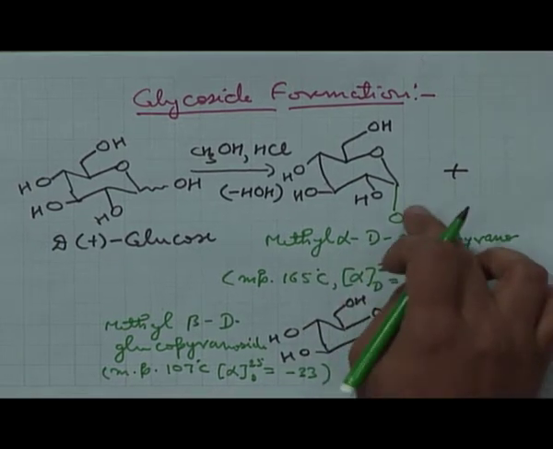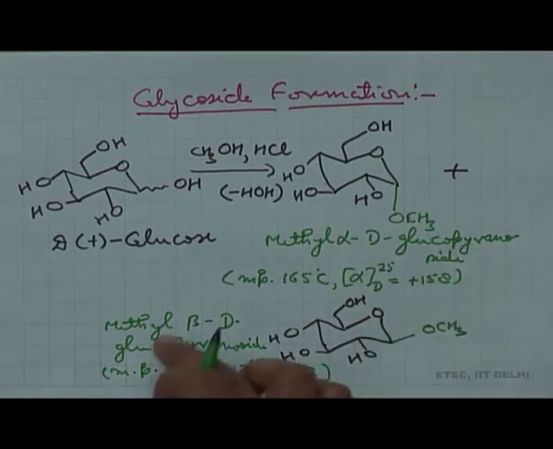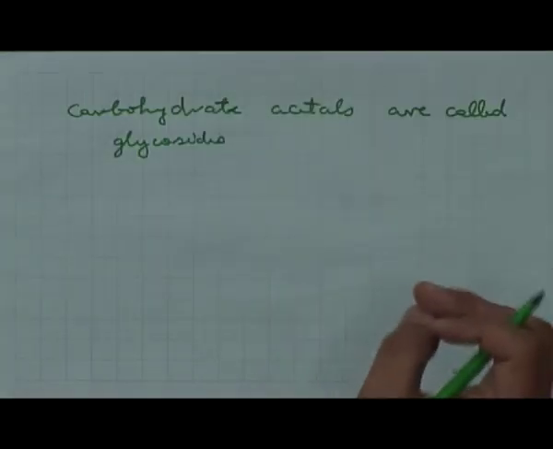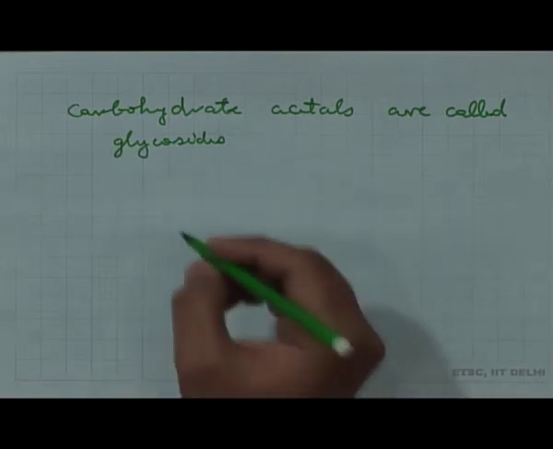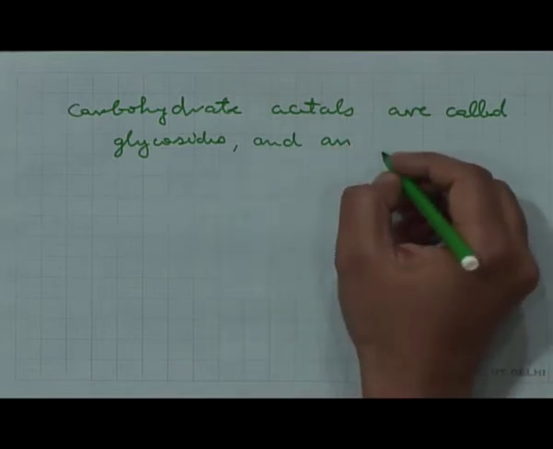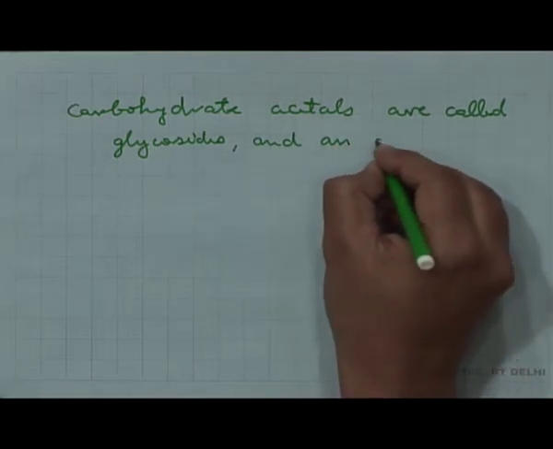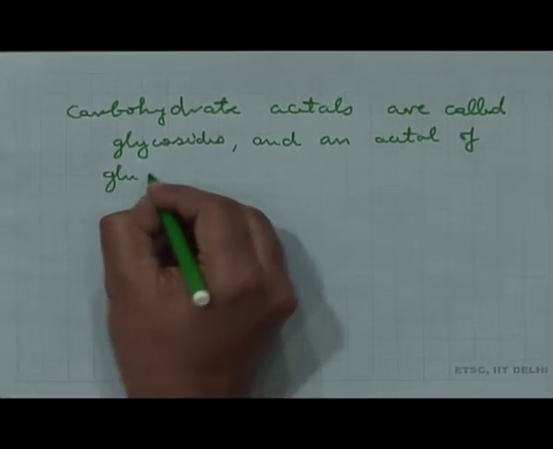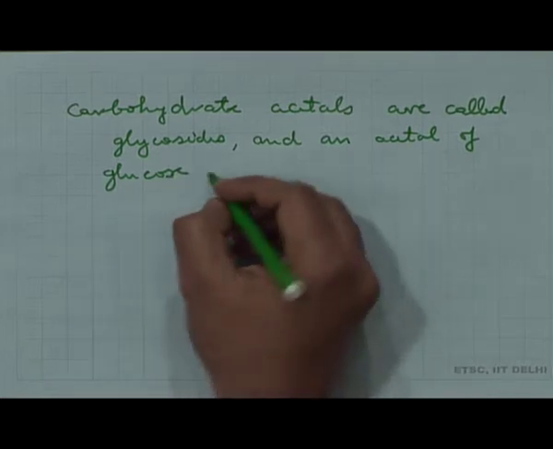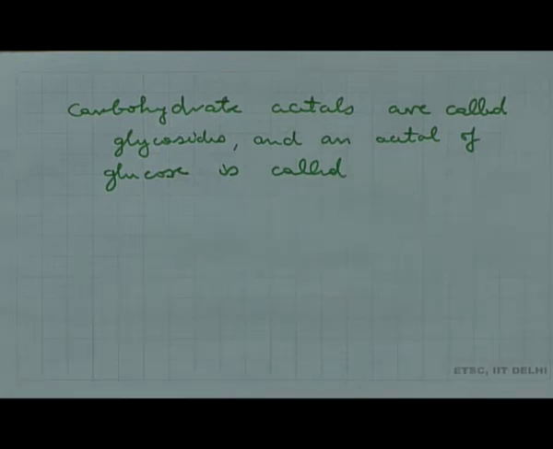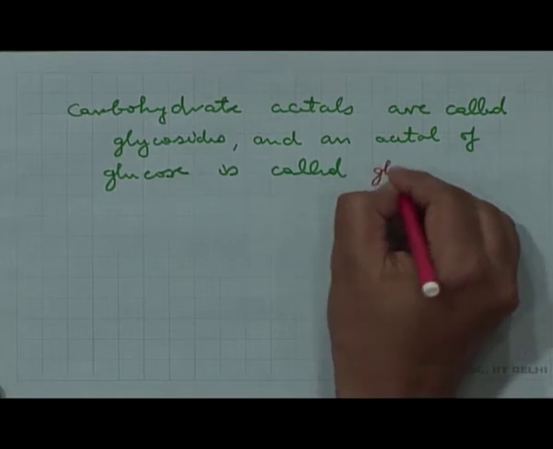So, methyl alpha D glucopyranoside, methyl beta D glucopyranoside. Carbohydrate acetals are called glycosides, and an acetal of glucose is called a glucoside. Glycoside is the general terminology, and for glucose it is glucoside.